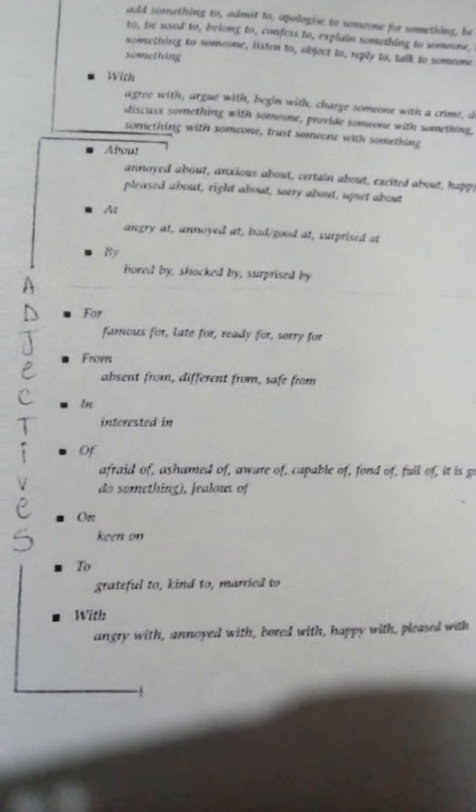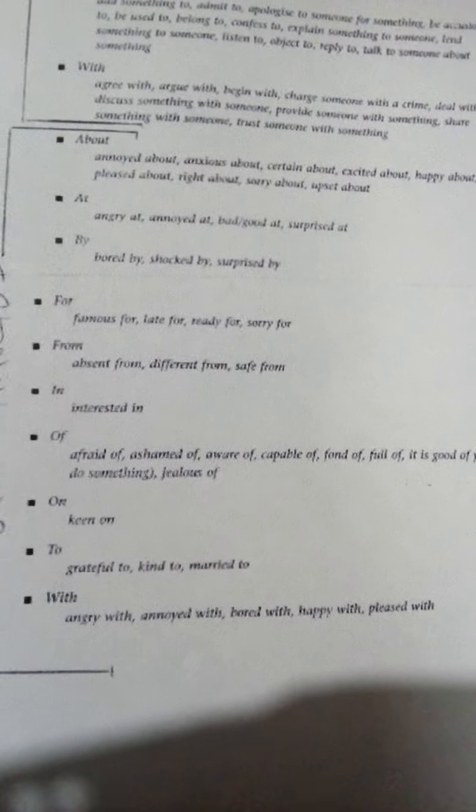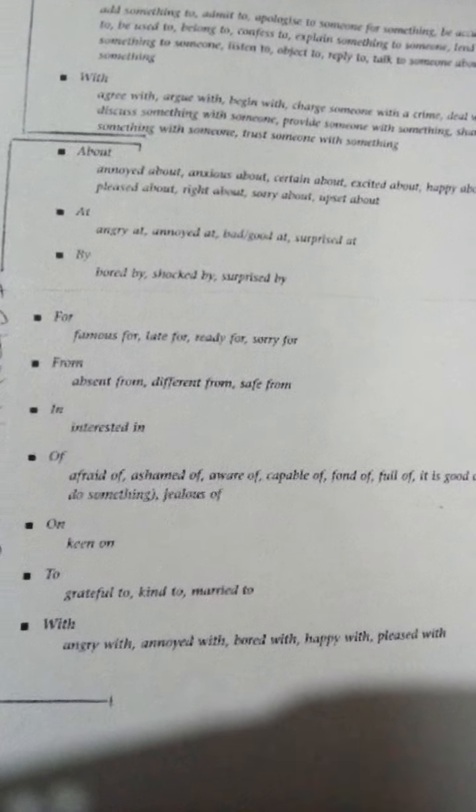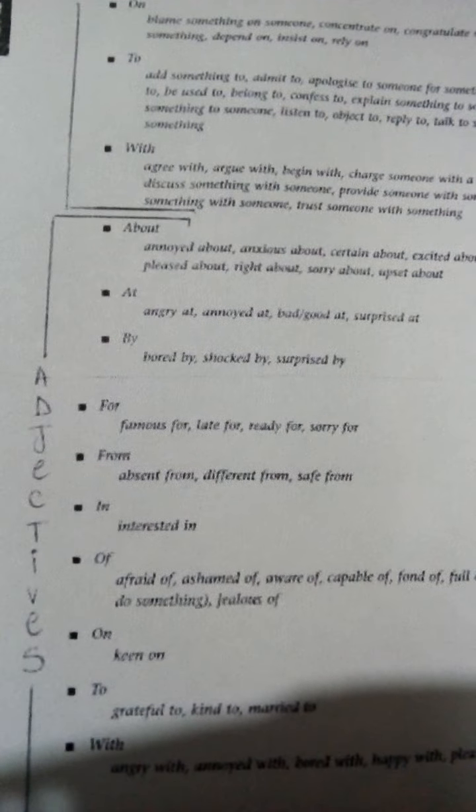Some you can sense which preposition to use, but you have to study this, read this, acquire this, make this a common thing for you. So angry with, annoyed with, bored with. Some others are more specific, and you must know which prep is used with that adjective. For instance, famous for, late for, ready for, sorry for.